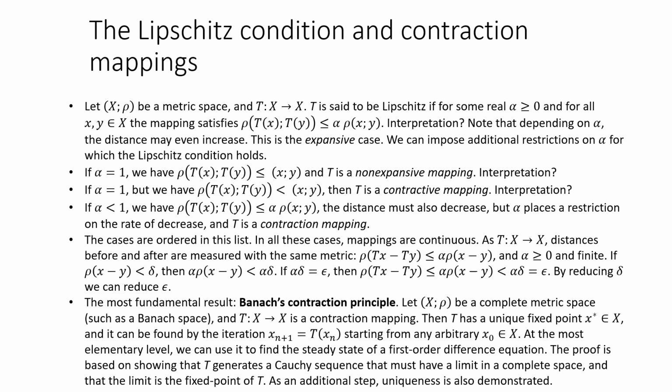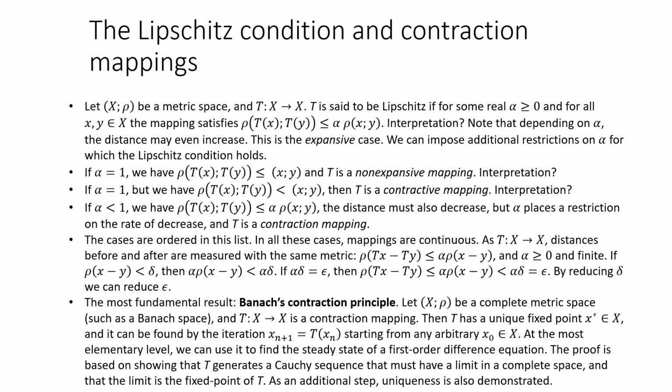We cannot know for sure if the distance is actually decreasing, but we can know for sure that the distance cannot be increasing, so we rule out the expansive case. So what we have now is a non-expansive mapping.